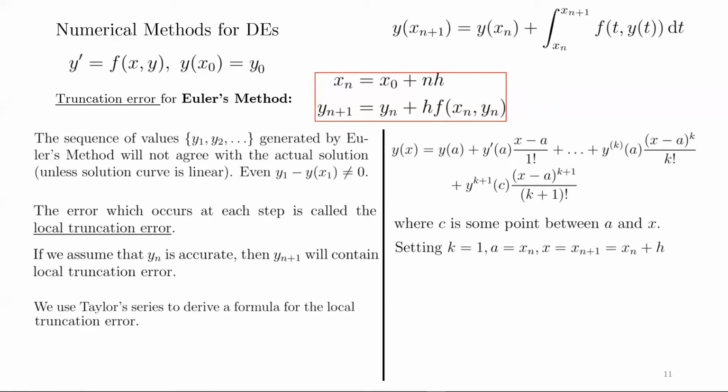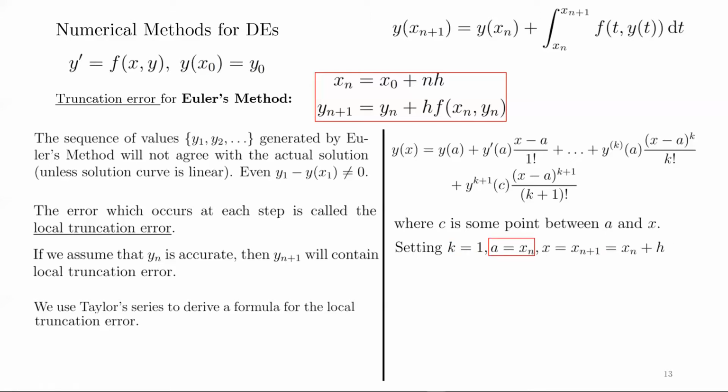What we're going to do is set k equal to 1 here, and we're going to set this point a, that we're expanding our solution around, to be xn, the start of a step of Euler's method. The point x we're going to say is xn plus 1, which is just xn plus the step size h.